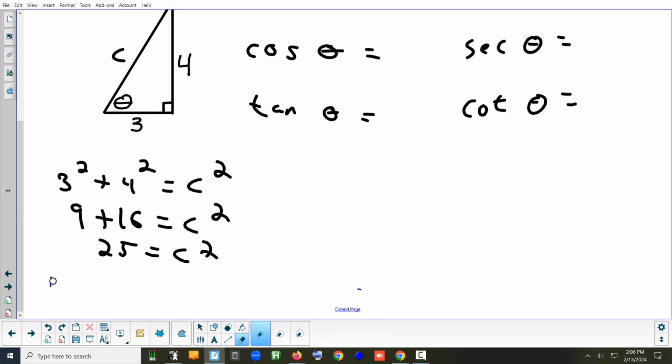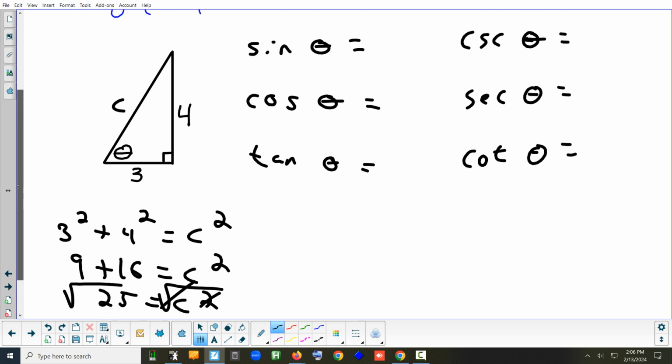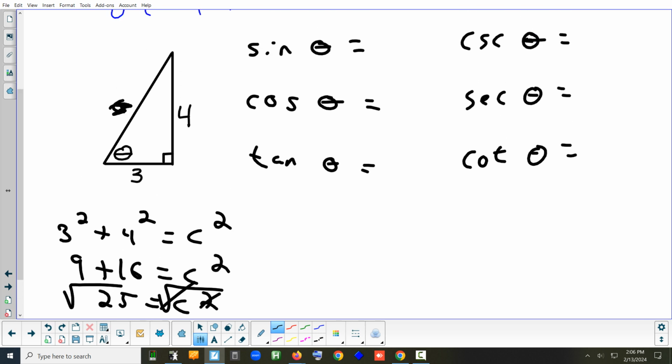Take the square root on both sides. Square and square root cancel, just like sine and inverse sine. They're inverse functions. And what's the square root of 25? 5. So now that we know that, we can label that side as 5.